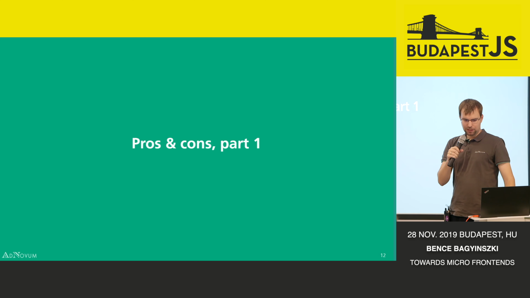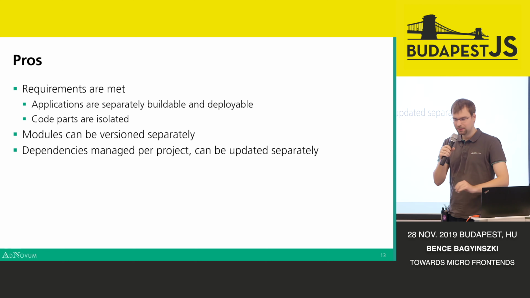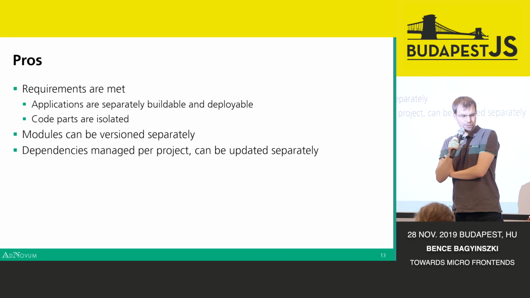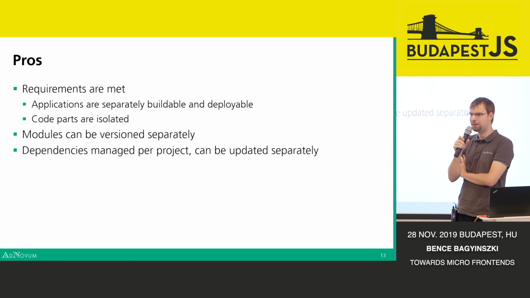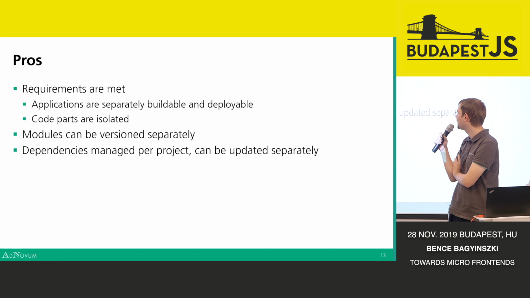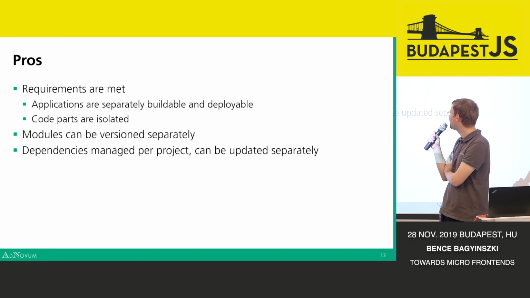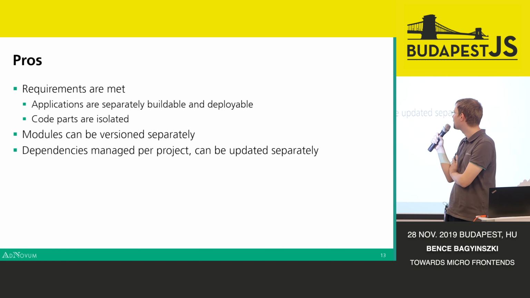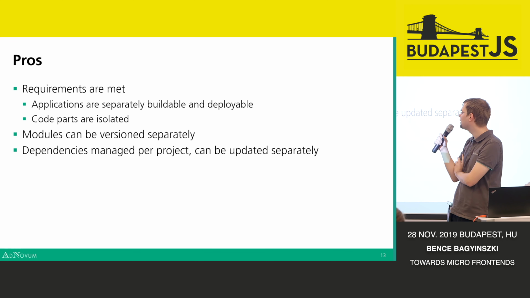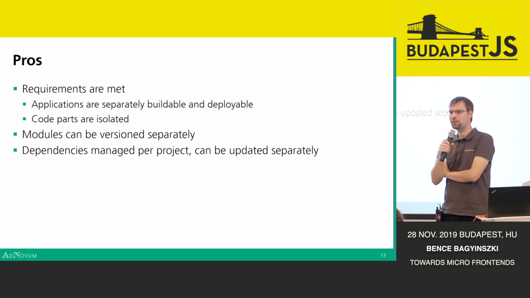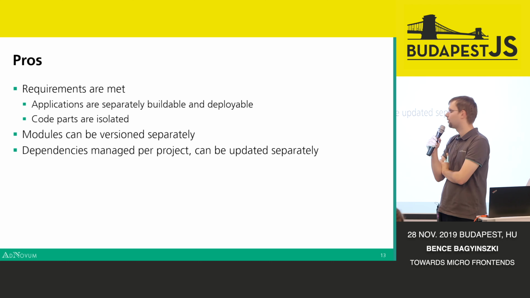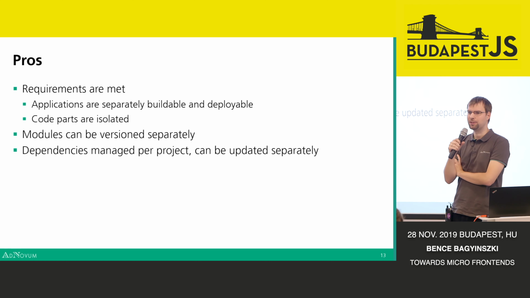Let's see the benefits and the not so good parts as well. So first of all, we managed to meet the requirements. That's quite good. The applications were separately buildable and deployable, and the code parts were completely isolated, except of course the common dependencies.